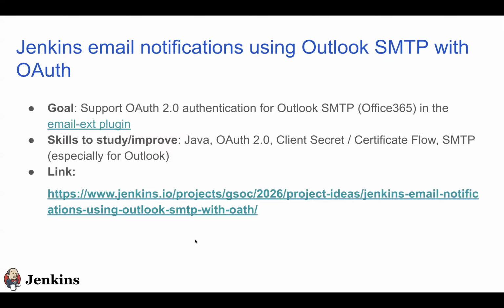I guess there's a question in the chat, Chris. Sorry, I was talking on mute. Okay, so for the Outlook SMTP project, I will leave it to you to find out whether the Jenkins Credentials API can be used for this plugin. I think it's probably okay to do so, but as part of the flow for this plugin, we have the client secret and certification flow.